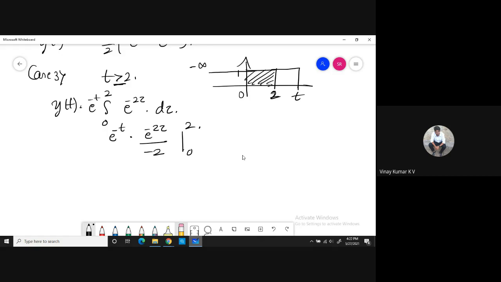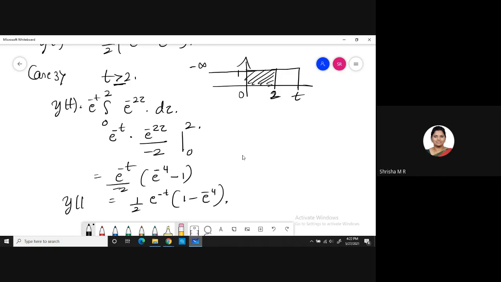Half into e power minus t of 1 minus e power minus 4. If you take e power minus t by minus 2, you will have e power minus 4 minus 1, so you can take half into e power minus t into 1 minus e power minus 4. Correct?